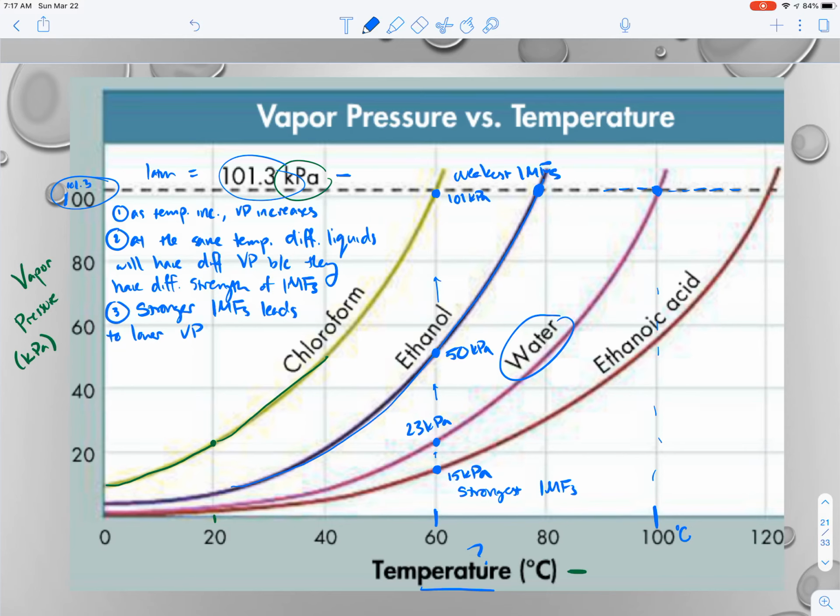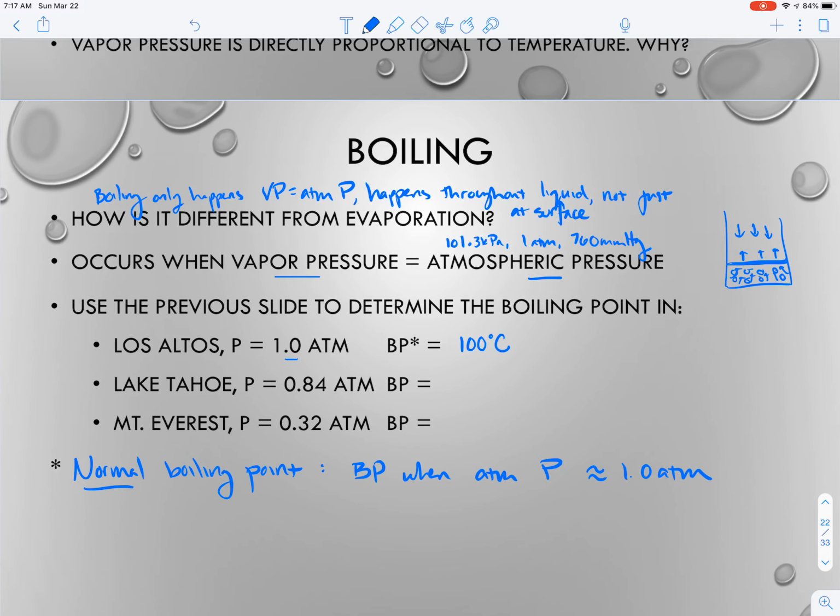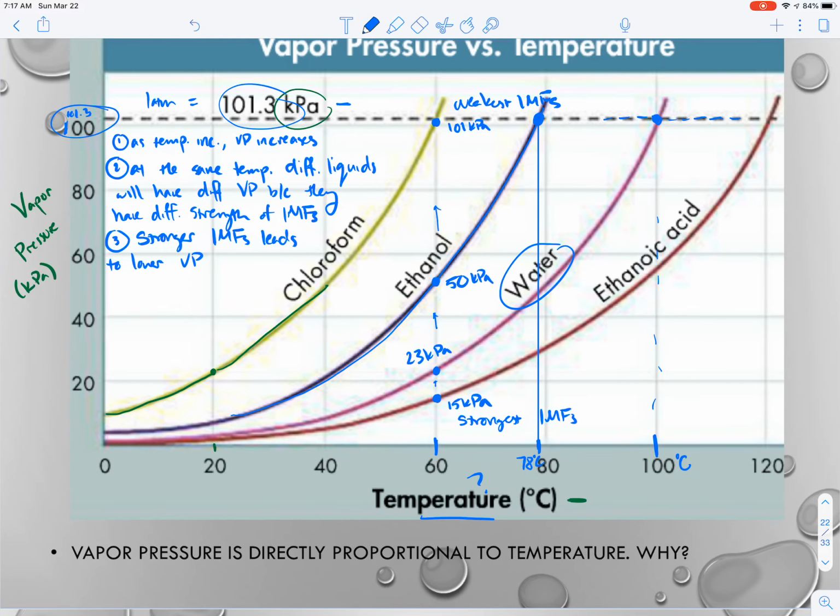So if we take that down, we can see that its normal boiling point is about 78 degrees. So this graph can help us figure out the normal boiling point of all these things. Like this one we could take straight down and find it, and this one we could take straight down and find it.